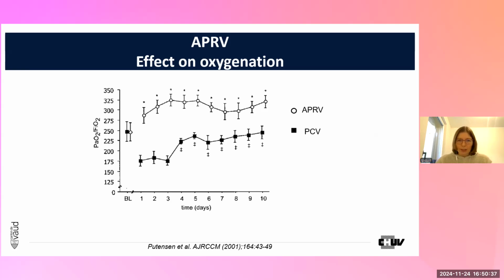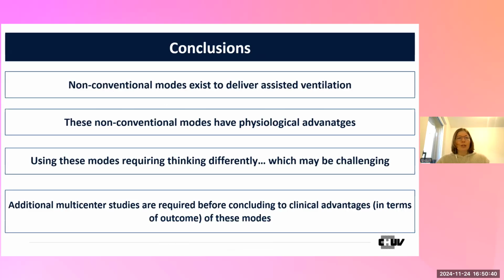In conclusion, non-conventional modes exist to deliver assisted ventilation. These non-conventional or special modes of ventilation have physiological advantages. This is very clear. Using these modes requires thinking differently. It's not standard mechanical ventilation, and this might sometimes be very challenging for us, ICU clinicians, and for our teams.